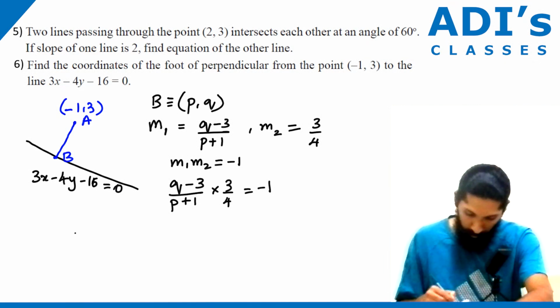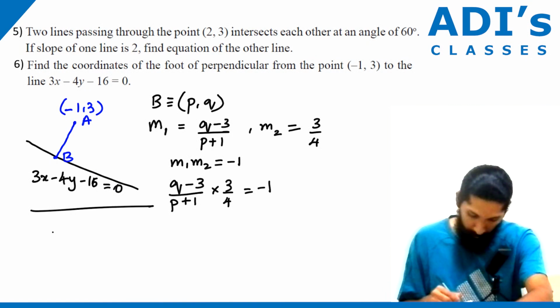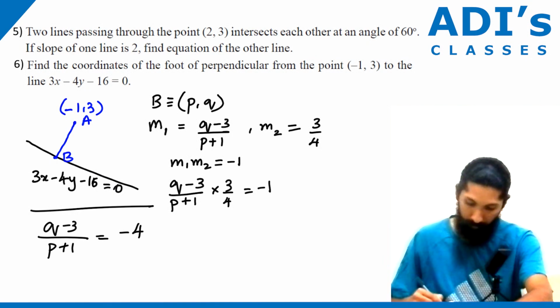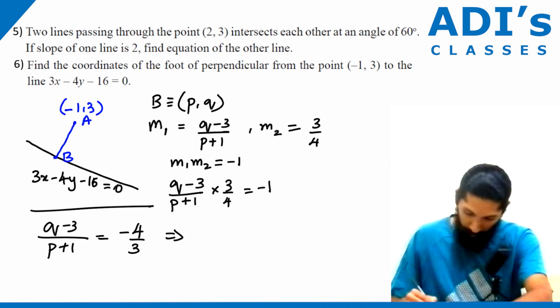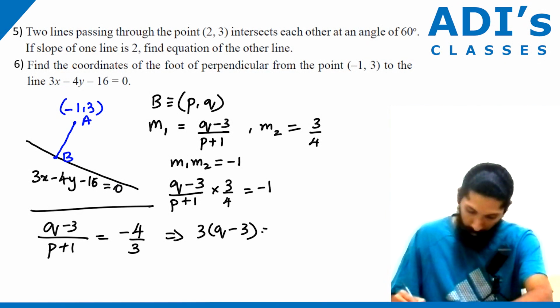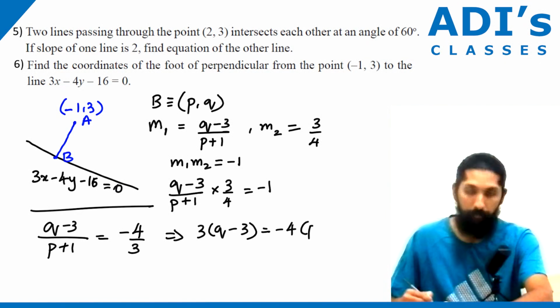Now, what we'll do, we'll cross multiply because none of them cancels anyway. Now, what do you have? Here, you'll get (q minus 3) divided by (p plus 1) is equal to minus 4 by 3. Cross multiply, 3 into (q minus 3) is equal to minus 4 into (p plus 1). Make sense?